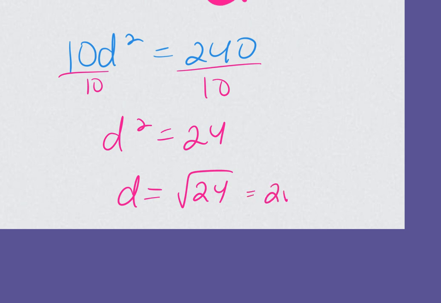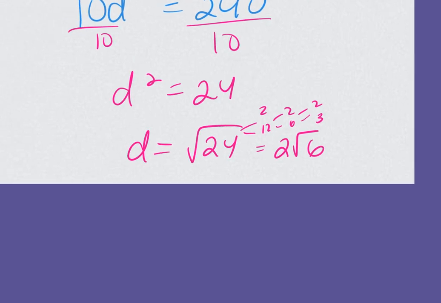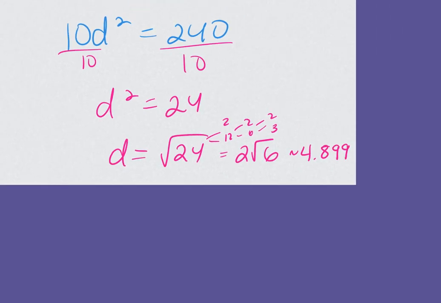This would be 2 root 6. And if I had my calculator, I would do square root of 24, which is 4.899. And the unit here is centimeters.